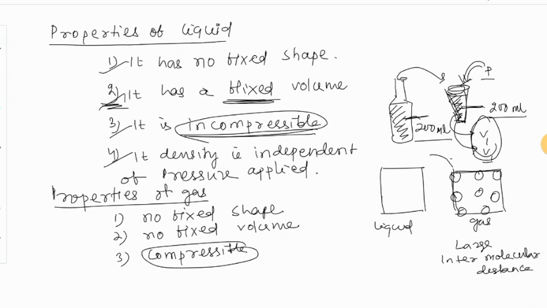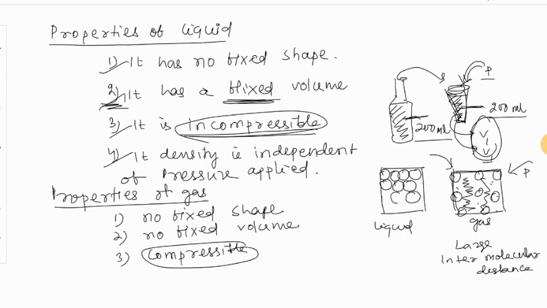When pressure is applied to them, this intermolecular distance is changed. Since space is available for these molecules to come closer, they come closer after applying pressure. But in case of liquids, no such space is available.